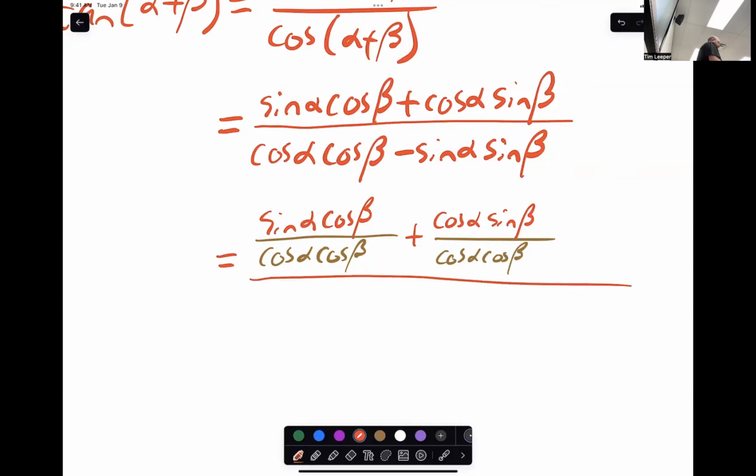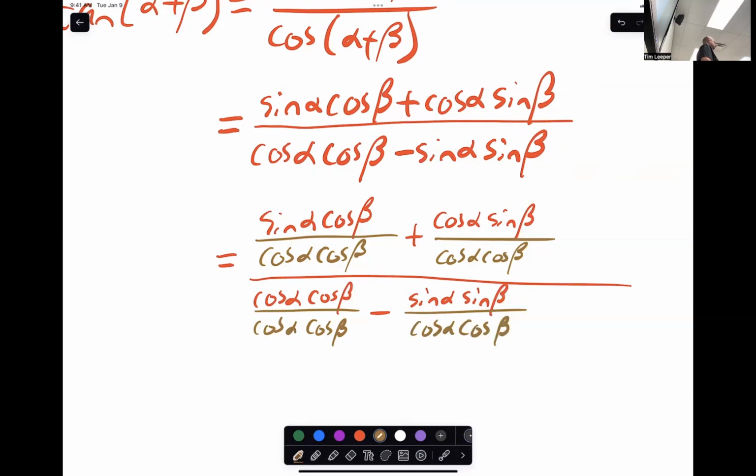And then all over in the denominator, we'll have the cosine alpha cosine beta divided by cosine alpha cosine beta, and then minus the sine alpha sine beta divided by cosine alpha cosine beta.